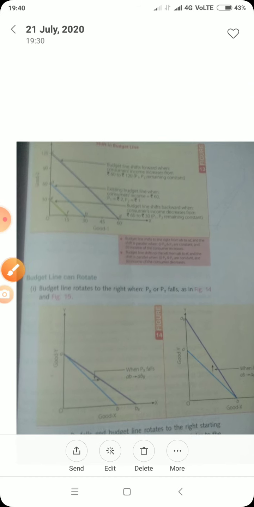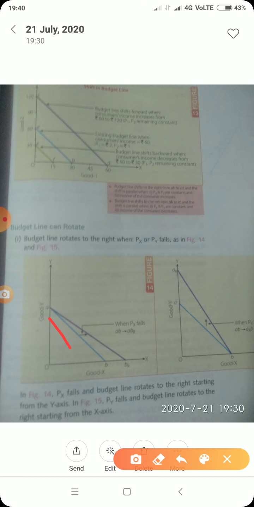Budget line will shift towards the left when the price rises. When the price decreases, the budget line will shift towards the right, and when the price rises or increases, it will rotate to the left. Clear?